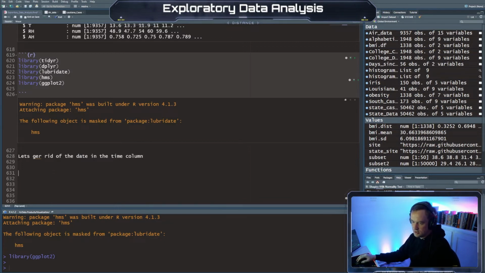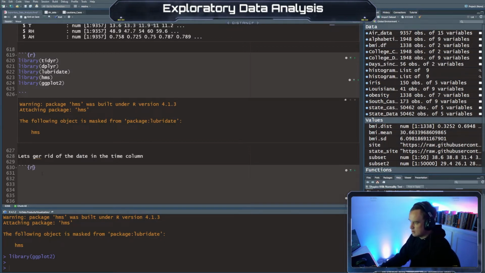So we can do that with air data time, we say as.hms, so hour, minute, second, air data time.